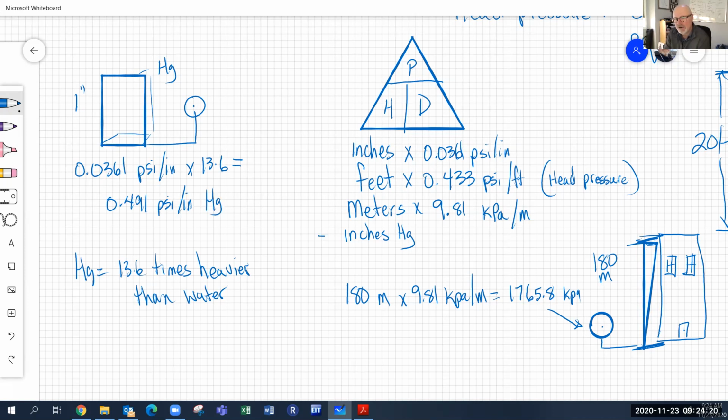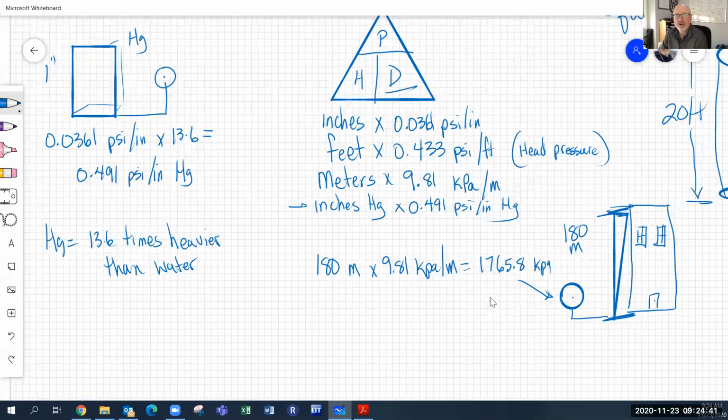So over here in my formula triangle, I'm going to use the density of 0.491 PSI per inch of mercury. And that's how we calculate inches of mercury.